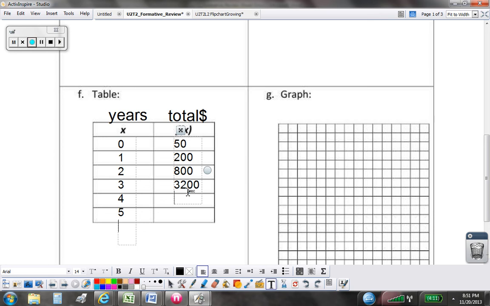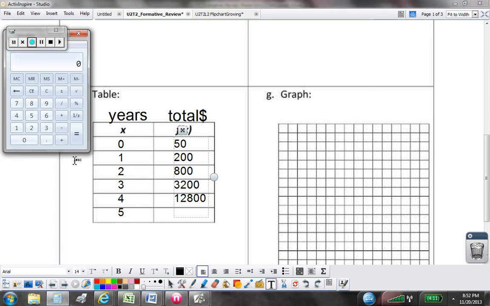Okay, so let's do some mental math. We have the 200 times 4, so that's 800. And then 3200 times 4, so that's going to give me 1200. No, I'm sorry, 12,800. And now it's a little too big for my head.